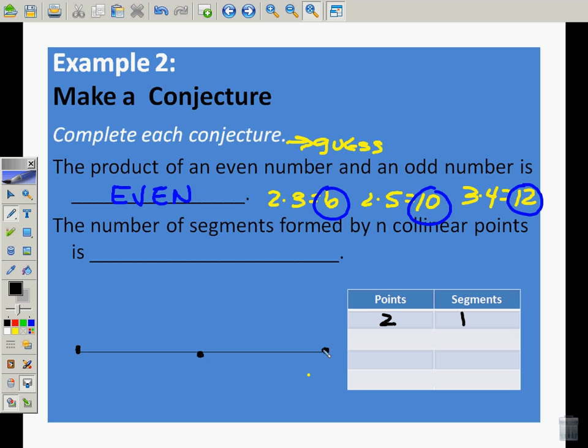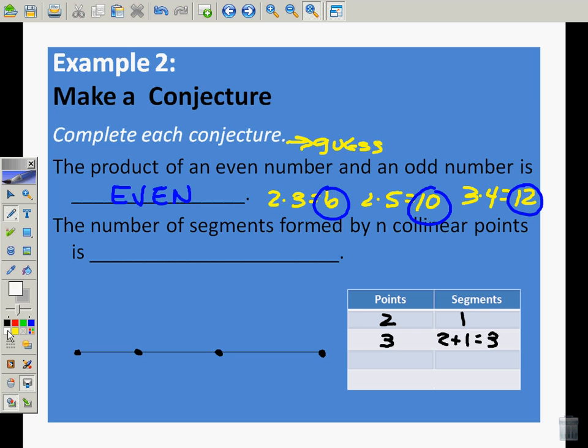Well, I would have 1, 2, 3 segments. So if I have 3 points, I have 2 plus 1, 3 segments. What if I had 4 points? So I'll erase this, and I'll put my points down. 1, 2, 3, 4.